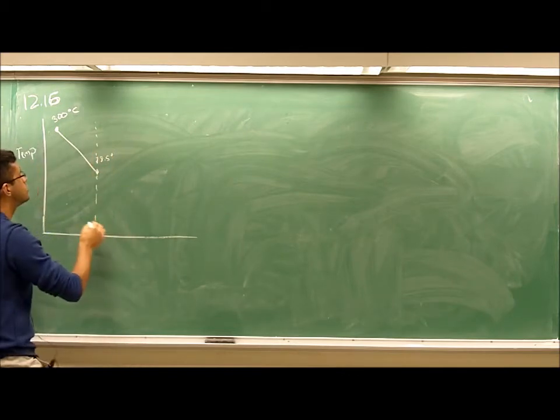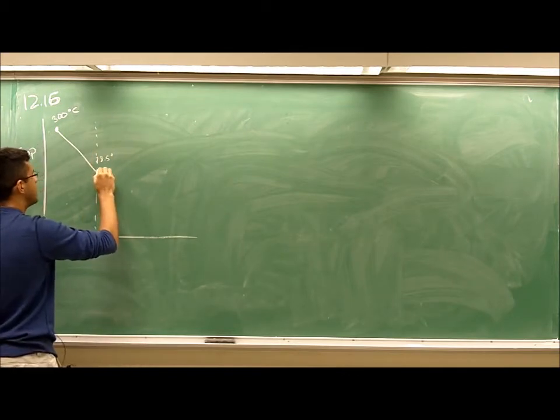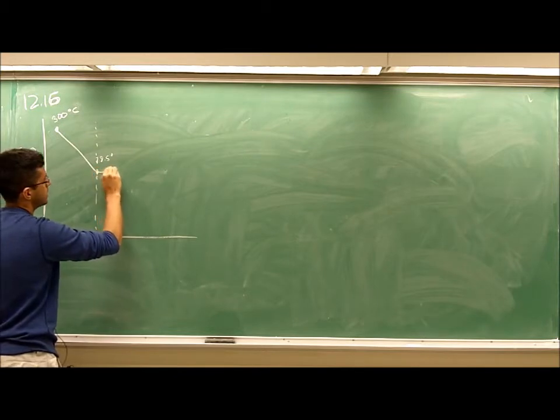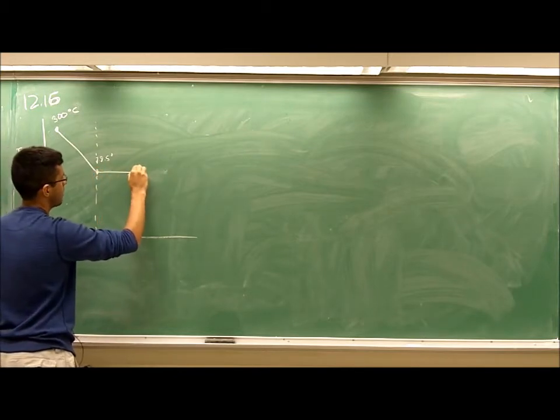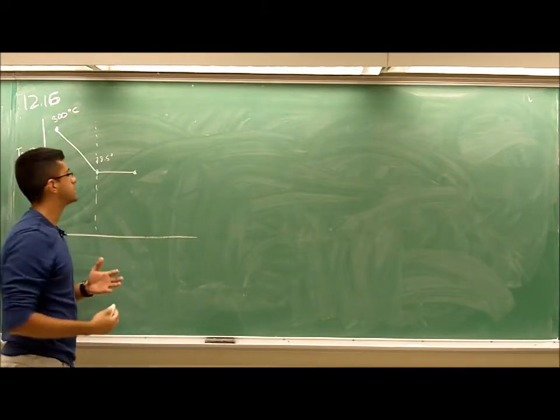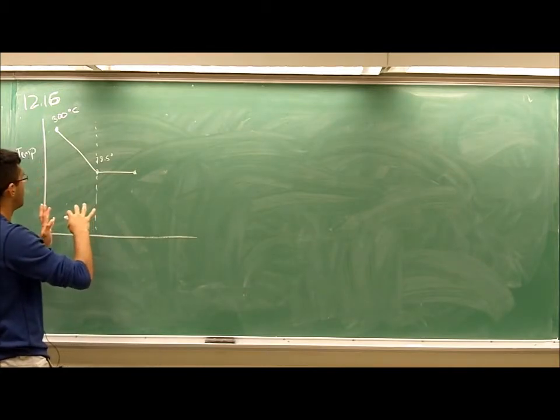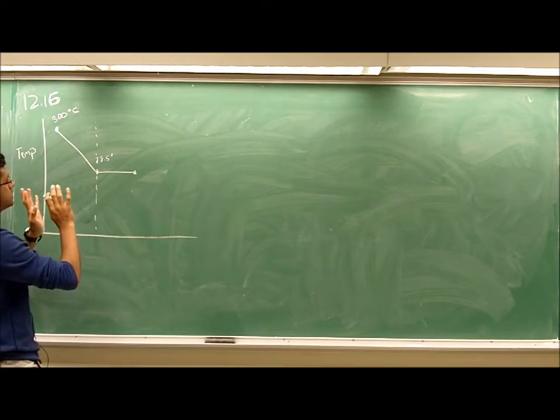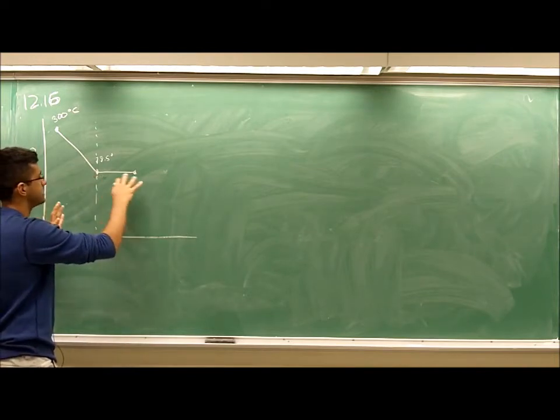And during stage 2, all this gas is being turned into a liquid. So during this time, no heat is gained or lost, because all the heat is put into converting all this gas into a liquid.